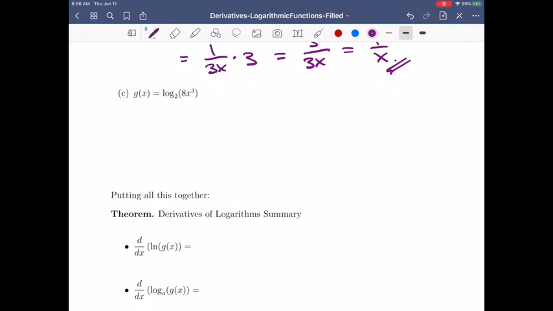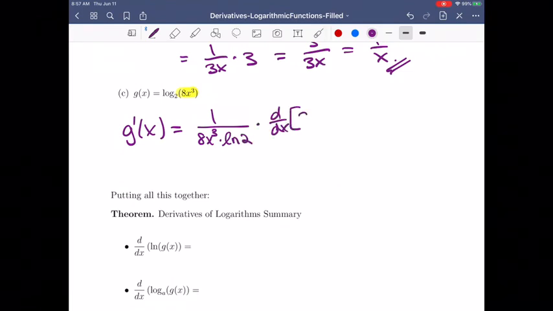So here I have log base 2, but also the chain rule. This is my inside function. So g prime of x is going to be 1 over my x, which is my 8x cubed, times ln 2, but then I have to multiply by the derivative of the inside.